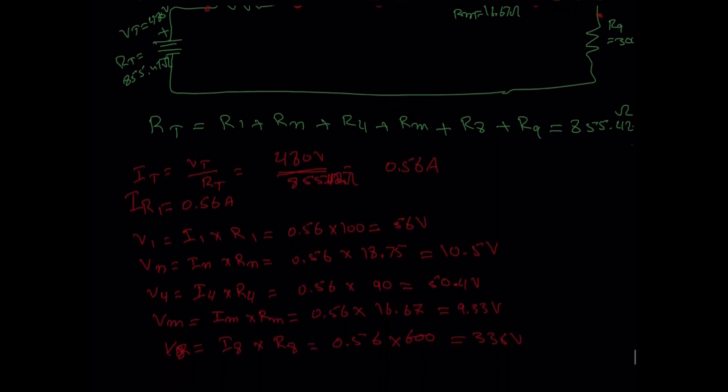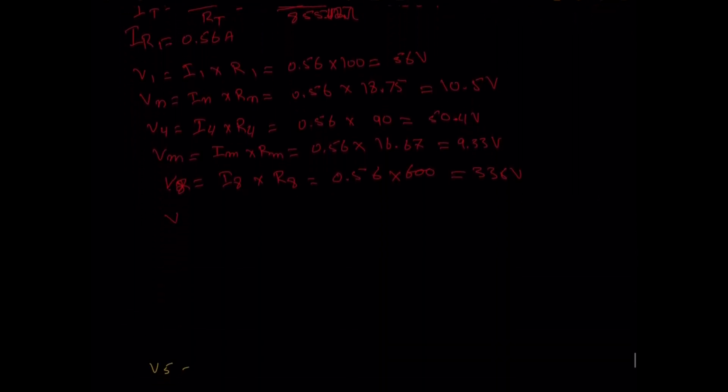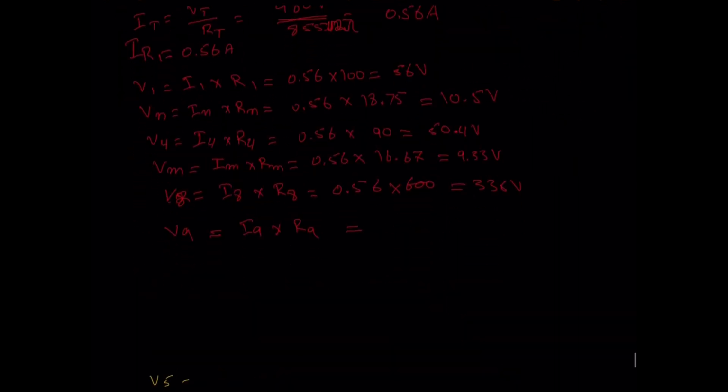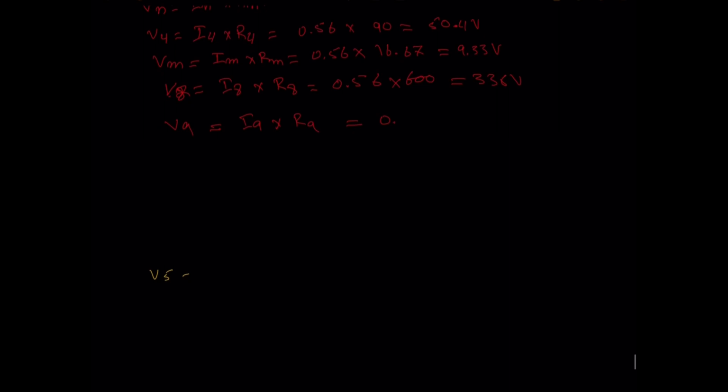And V9 will be equal to I9 times R9. I9 is 0.56 times R9, which is 30 ohms. So that will give me 16.8 volts.